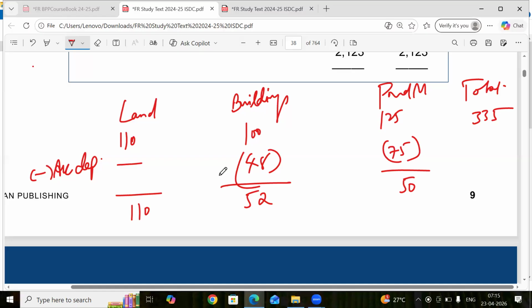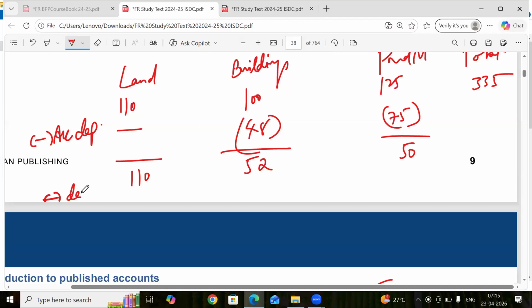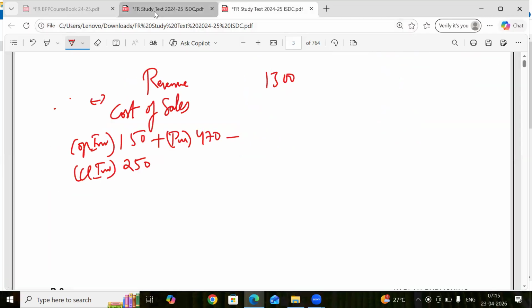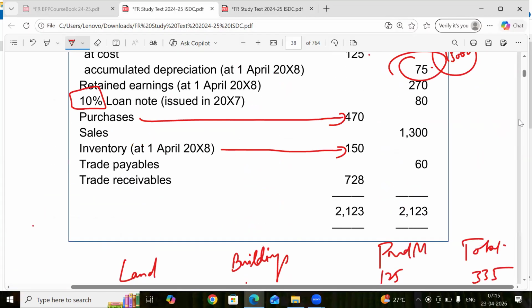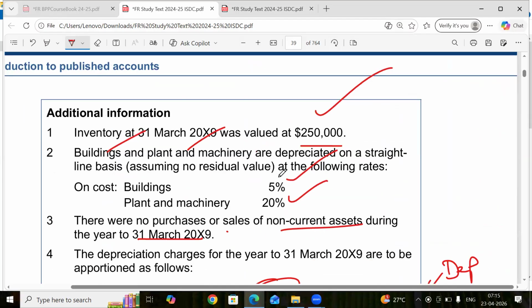Now on this, we will calculate depreciation. What is the rate of depreciation given? 5% on buildings, 20% on plant and machinery.